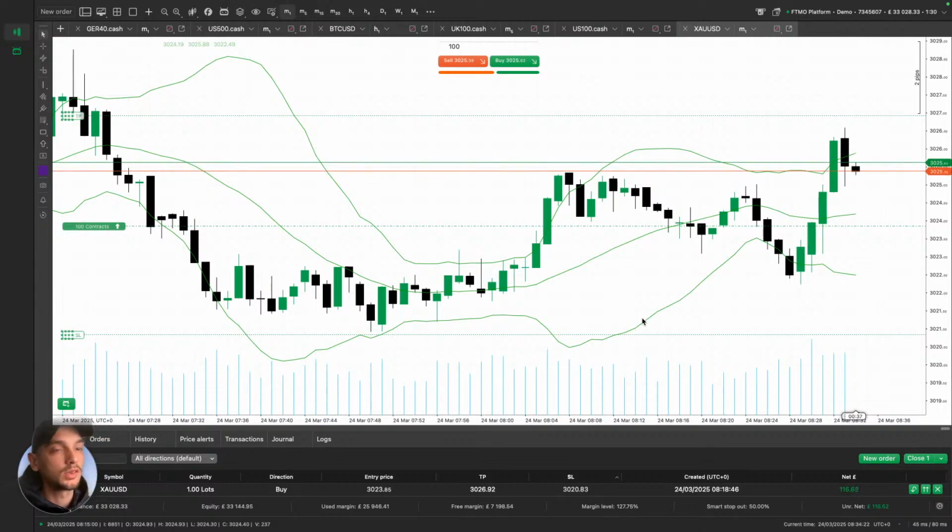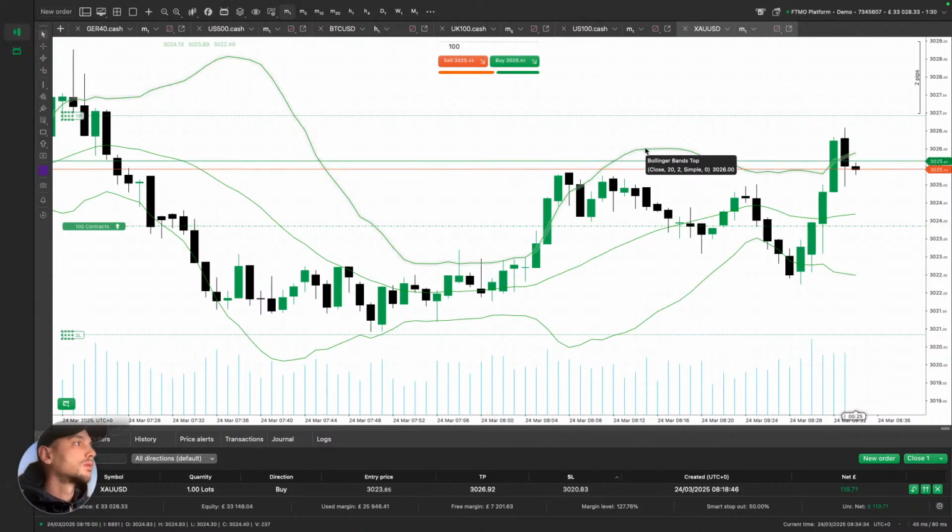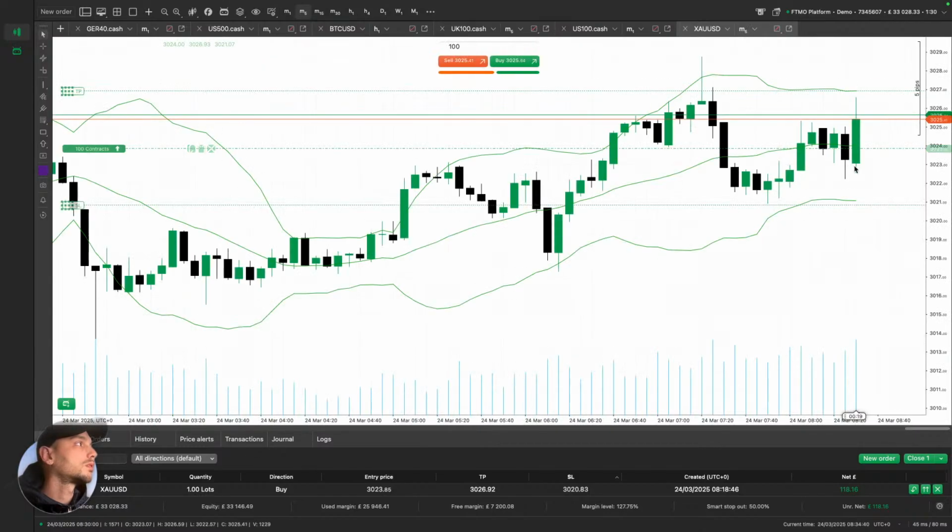We were so close to TP. Bands are really tight. Let's see how they look at 5 minutes.